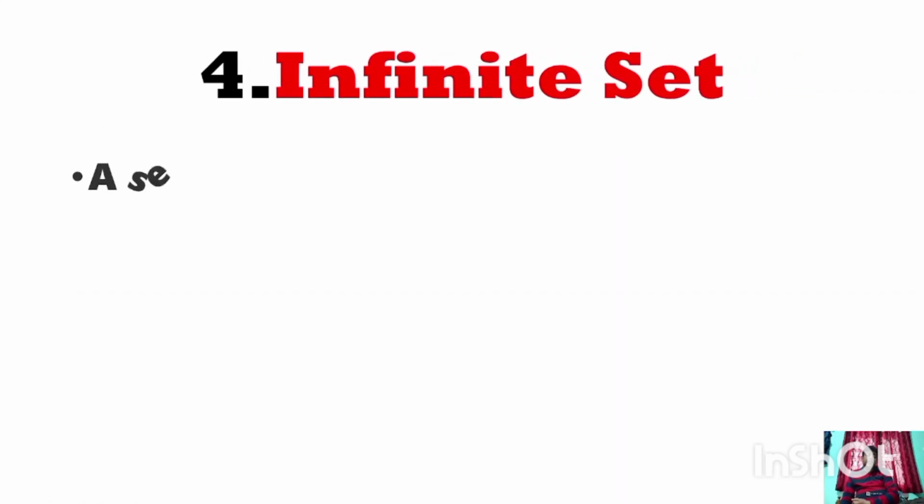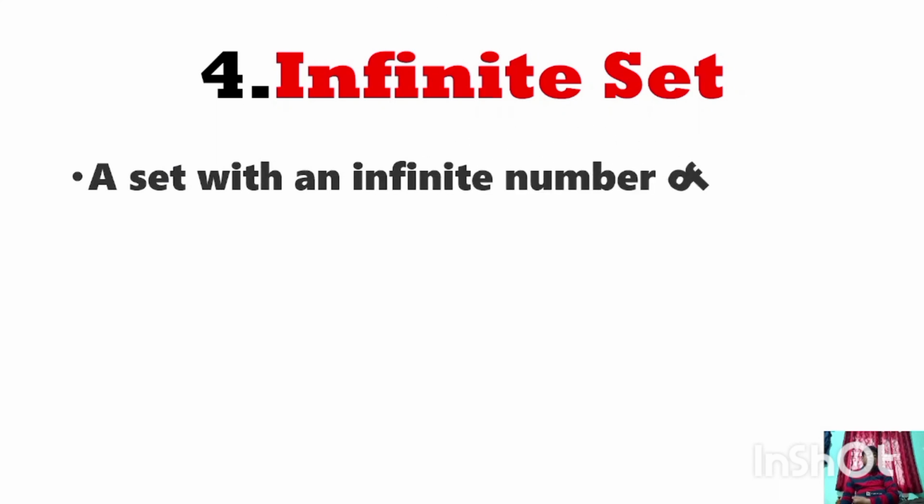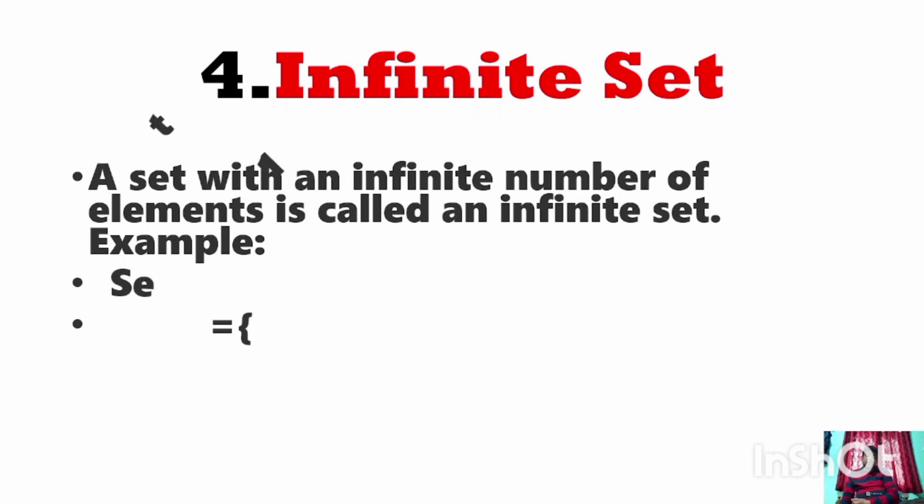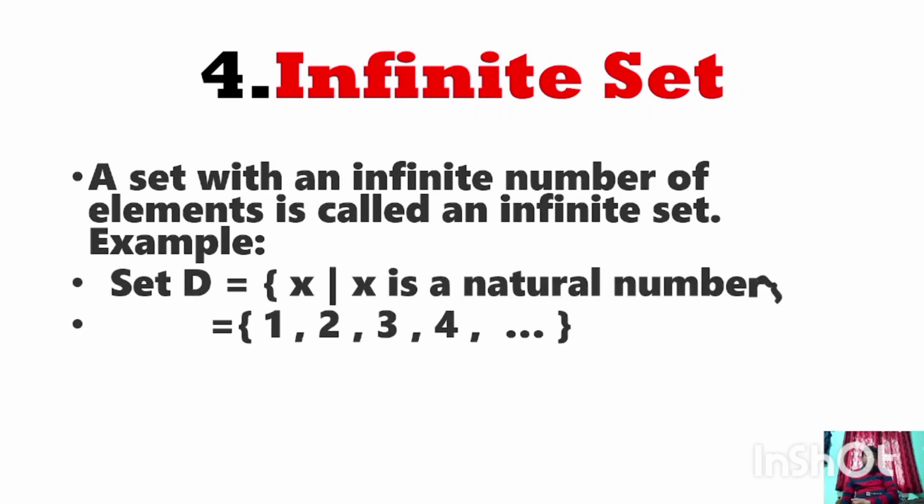Infinite set. Okay? A set with an infinite number of elements, and we cannot find out how many elements the set has. The cardinality of the set cannot be determined. For example, the set D, x such that x is a natural number.